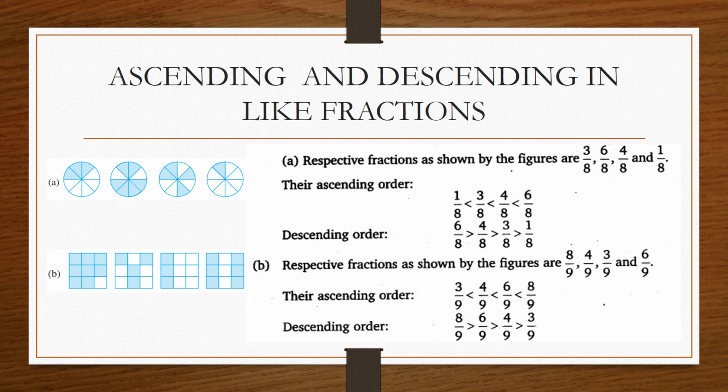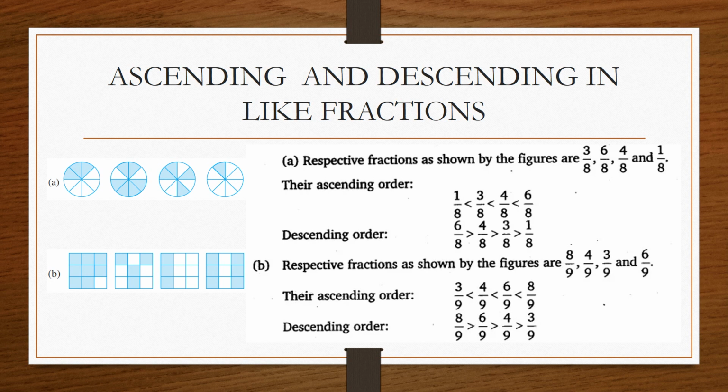Now to write in ascending order, you have to just see the numerators because the denominators are all the same. So obviously 1 by 8 is lesser than 3 by 8, is lesser than 4 by 8, is lesser than 6 by 8. In ascending order, you just write small to big.